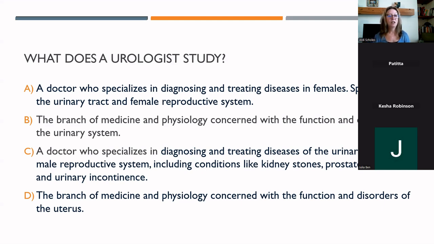C, is it a doctor who specializes in diagnosing and treating diseases of the urinary tract and the male reproductive system, including conditions like kidney stones, prostate problems, urinary incontinence? D, the branch of medicine and physiology concerned with the function and disorders of the uterus. Urologist. Well, let's go: 3, 2, 1, go.